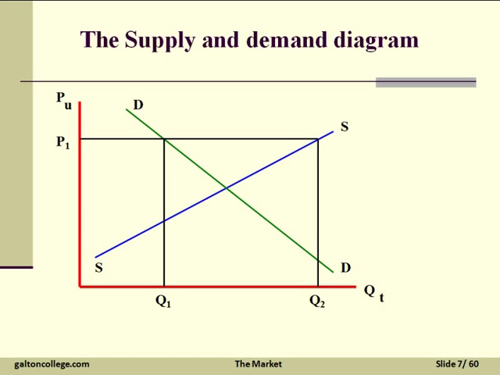In order to dispose of the extra production, they need to cut the price. So the price must fall from P1. Now, the surplus production will therefore be reduced. As the price falls, the difference between what is demanded and what is supplied will be reduced.